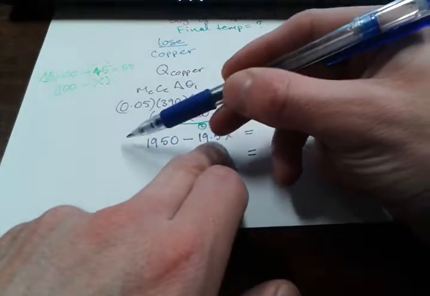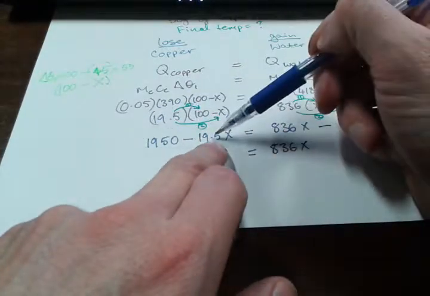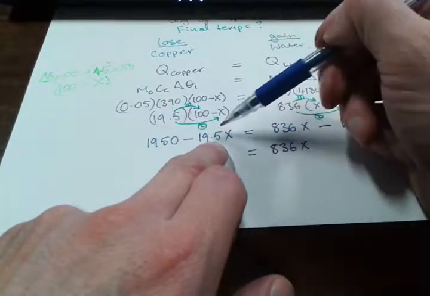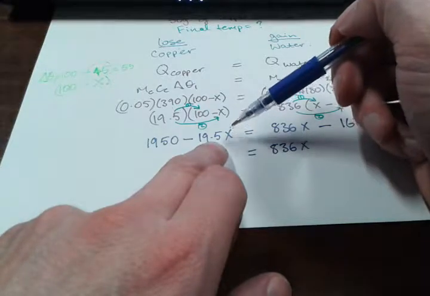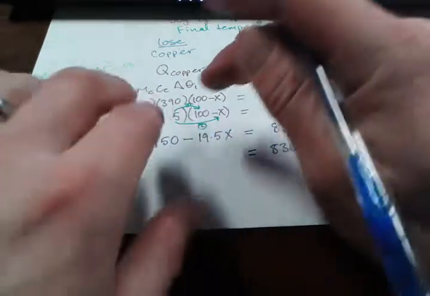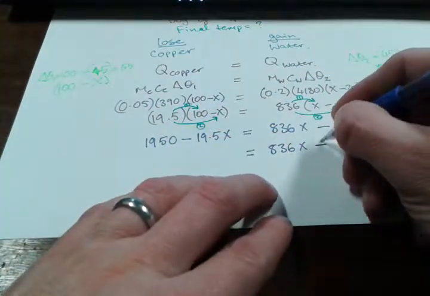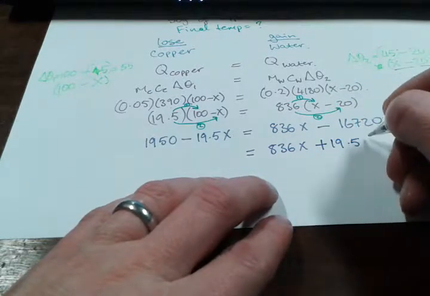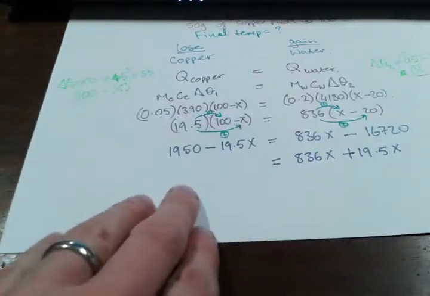So what I would need to do is add on 19.5x to this side, because if I have 19.5x minus 19.5x, I'll have 0, so that's what I want on that side. But if I add on 19.5x on this side, I have to add on 19.5x on that side, so plus 19.5x on this side like this.